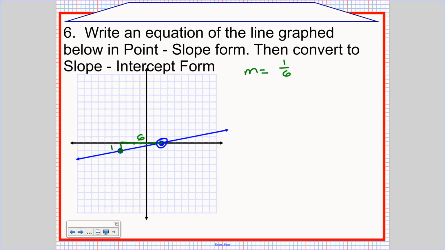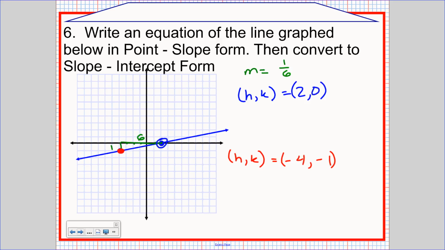So the blue circled point is (2, 0). And I could write one equation with that. And the red circled point is (-4, -1). And I could write an equivalent equation with that.